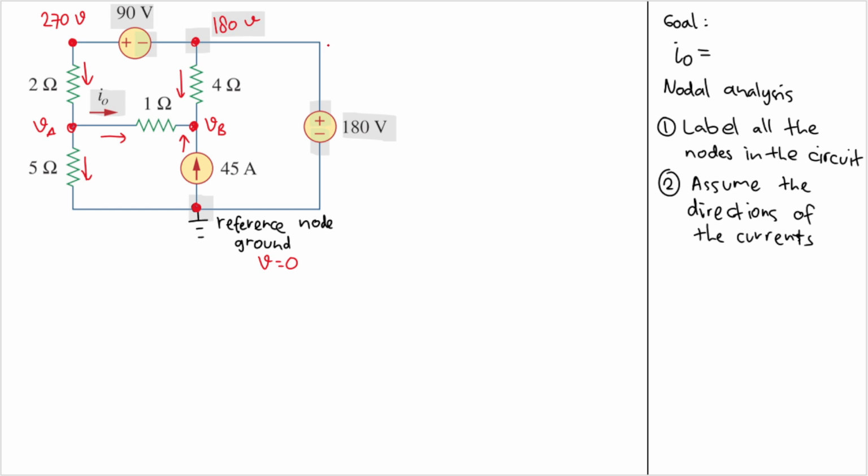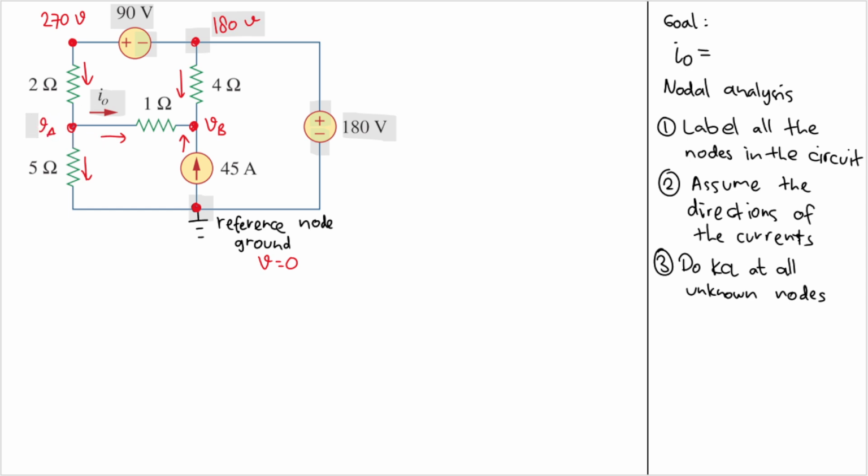We don't need to assume currents in the voltage sources because we already know the node voltages here, right? So we will do step number 3, which is do KCL at all unknown nodes. Okay, what are our unknown nodes?